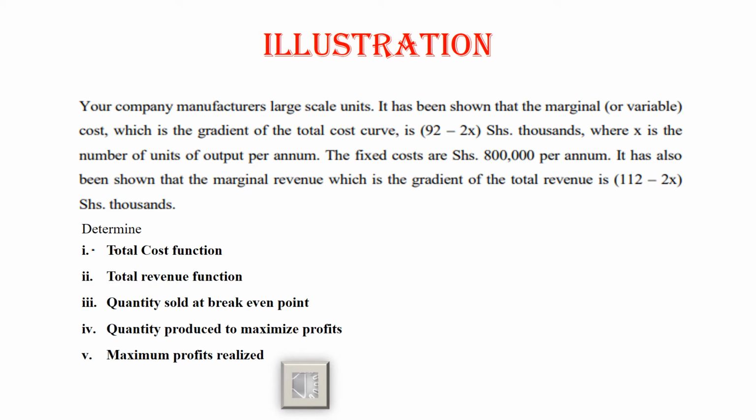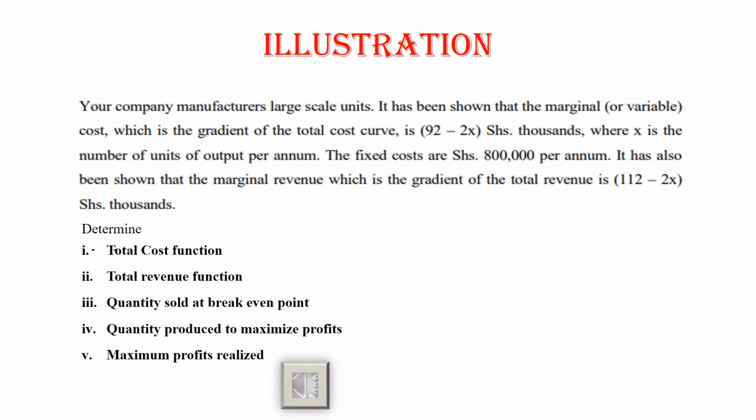It tells us that your company manufactures large-scale units. It has been shown that the marginal or variable cost, which is the gradient of the total cost curve, is 92 minus 2x. This is the amount of shillings in thousands, where x is the number of units of output per annum.